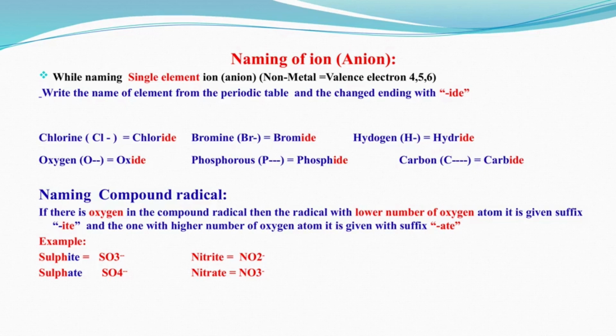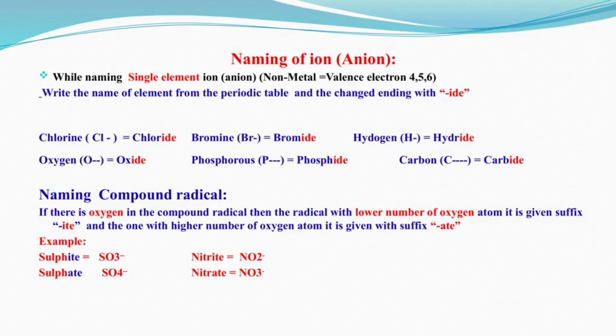In one there are 2 oxygen atoms, in another there are 3. So the names are given like that: nitrite with ITE and nitrate with ATE. For the lower one ITE, for the higher ATE is given. In this way we can name some compound radicals. Sometimes bisulfate and sulfate are there.